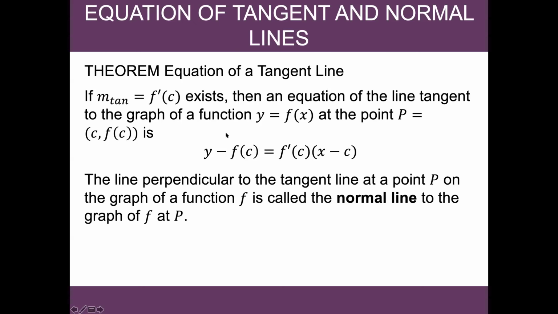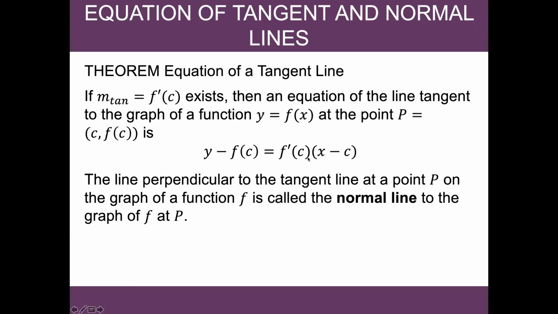All it's saying is, remember I talked to you about the point slope form: if you've got the slope m equals f prime of C, and if your x is C and your y is f of C, then y minus y1, f of C, equals m times x minus x1. Again, don't worry about memorizing.